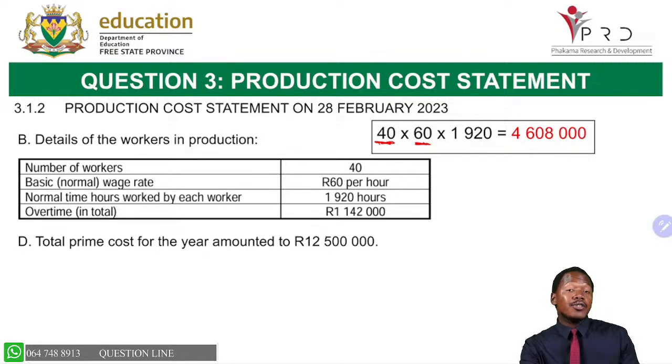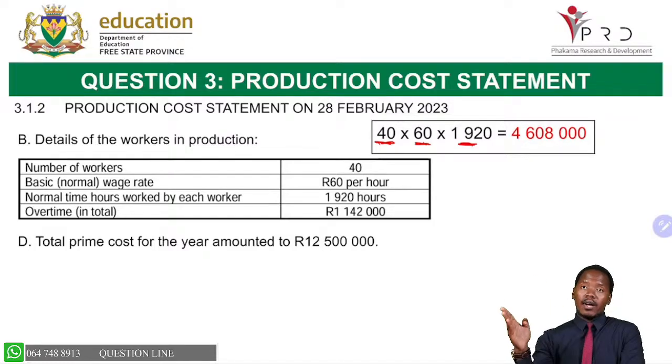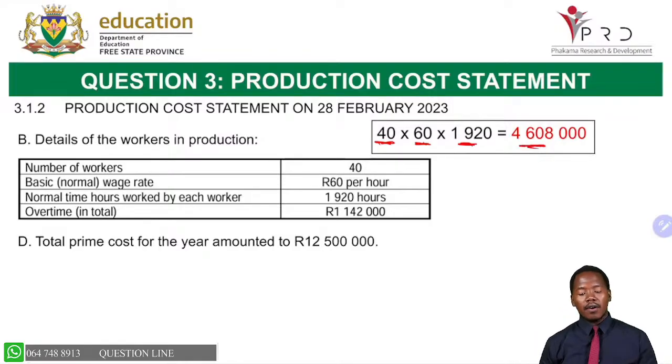How many hours did each worker work? Each worker worked 1,920. So it is now 40 multiplied by 60 multiplied by 1,920. And then the basic wages for our workers will be 4,608,000. Let us calculate that together.